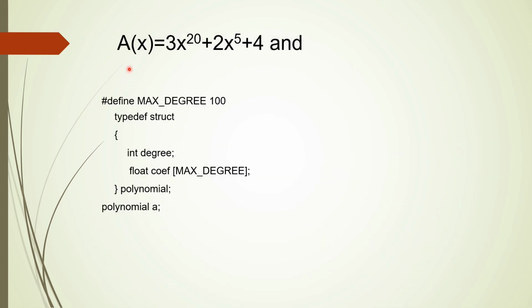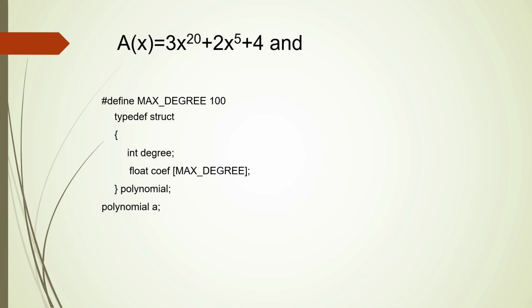Let us consider A of x is equal to 3 into x to the power of 20 plus 2x to the power of 5 plus 4. There are three terms in this polynomial. Now let us see how these terms are going to be stored by using this method. As I already mentioned, the total bytes of memory allocated to a structure variable depends on the number of structure members and their types. Here there are two members, the type of the first member is integer and the type of the second member is float.